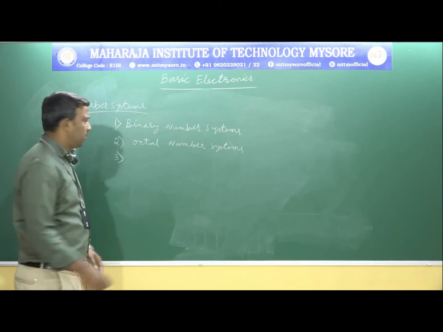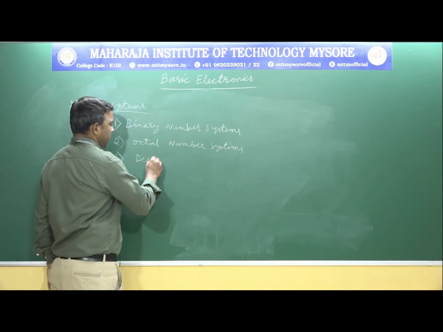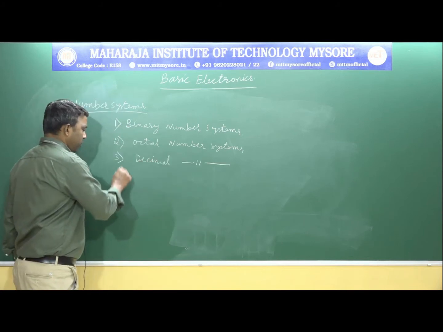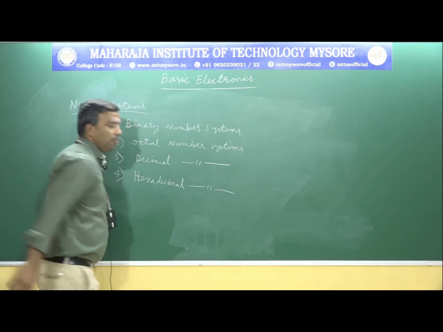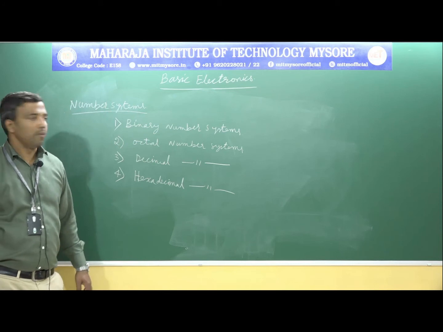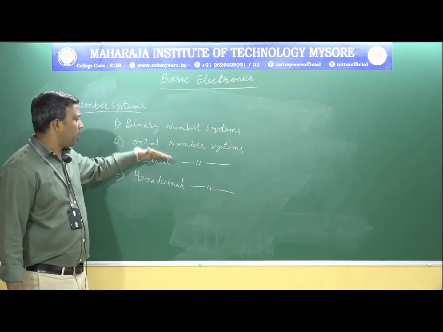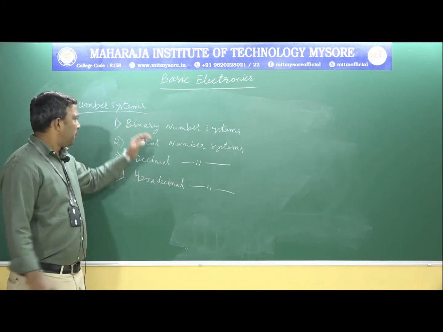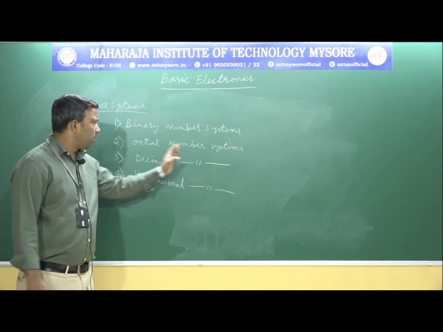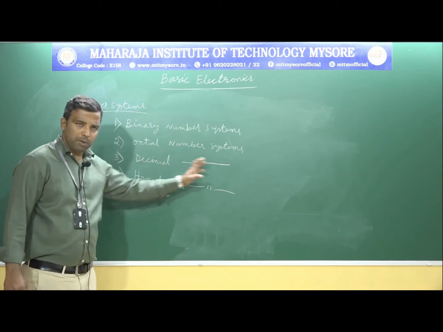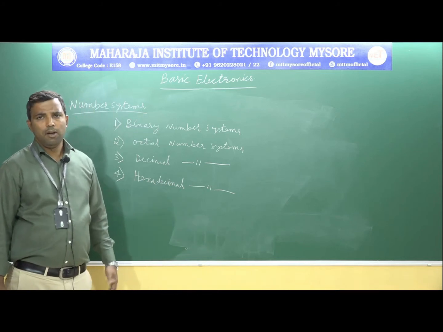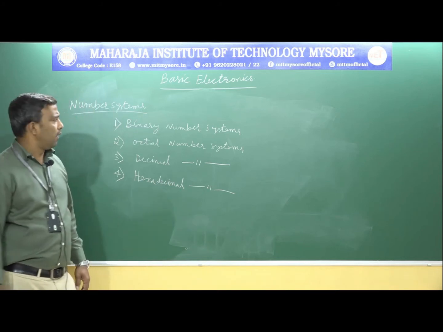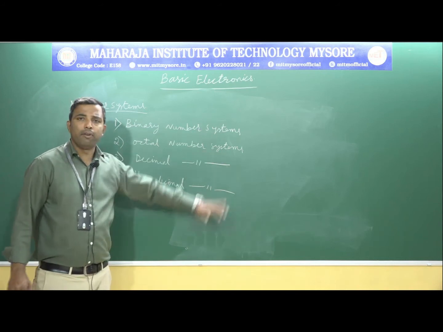Number 3 is the decimal number system. Number 4 is the hexadecimal number system. So, these are the 4 number systems: binary, octal, decimal, and hexadecimal. We will discuss each and every one in detail.